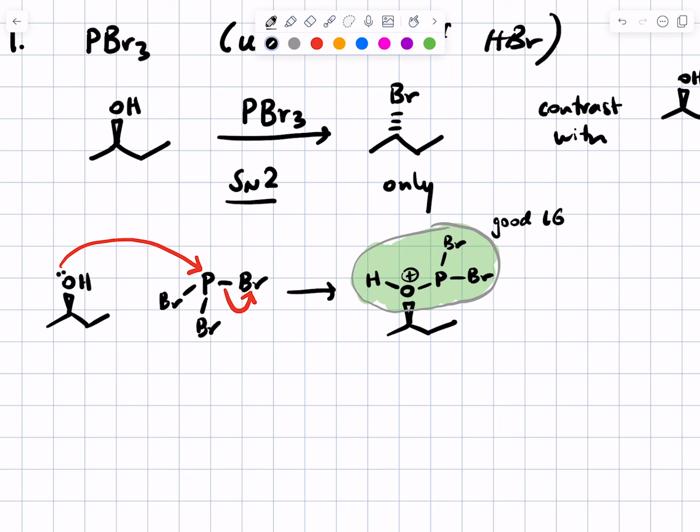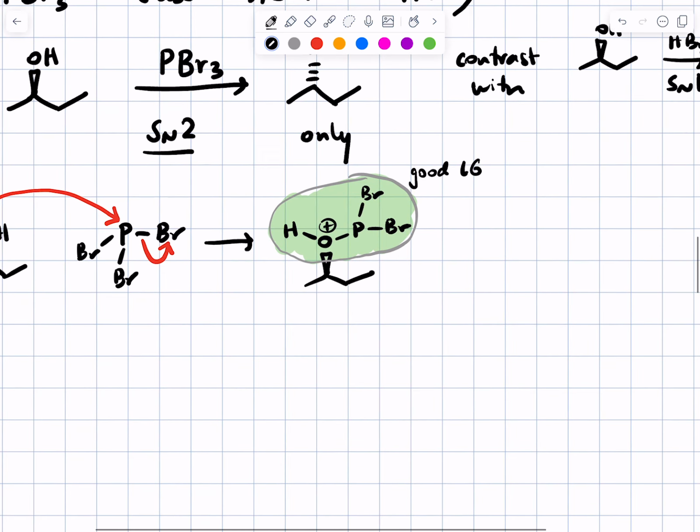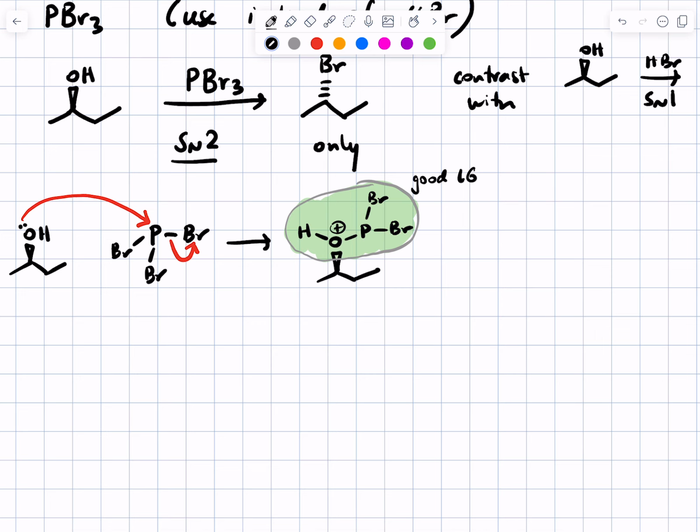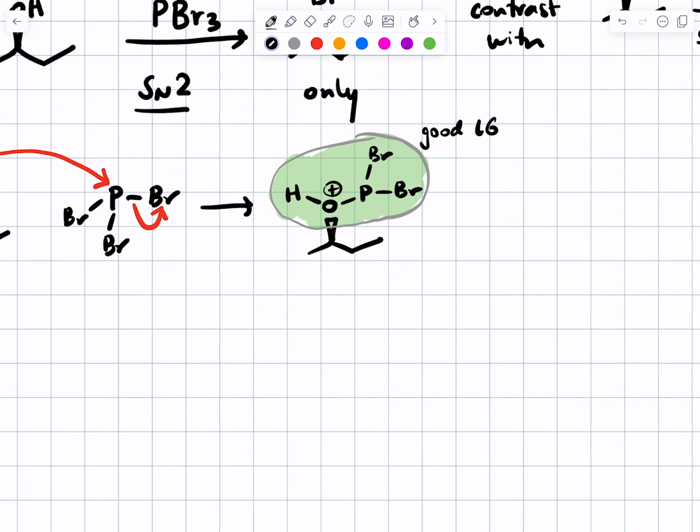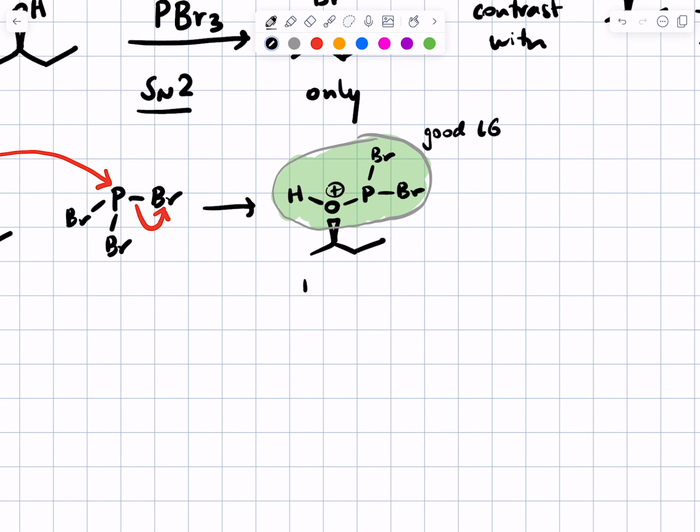We could look up that information, but for our purposes, it will be enough just to say, okay, that's a good leaving group. It looks a little bit like the water leaving group that we had last time. Apparently, it's not a good enough leaving group to just leave on its own. Instead, it waits around to leave before Br- does the attacking.